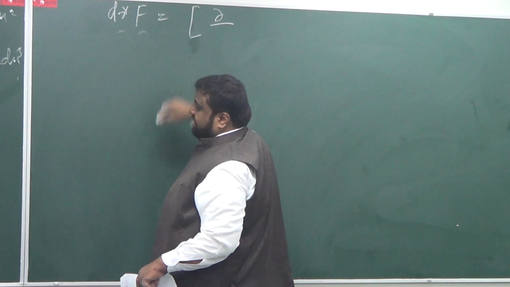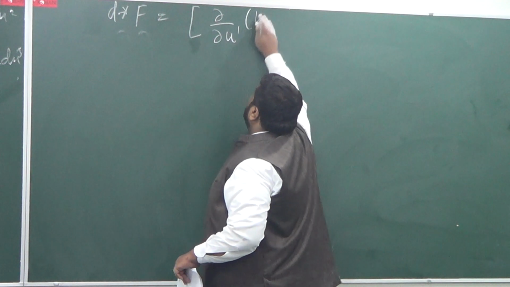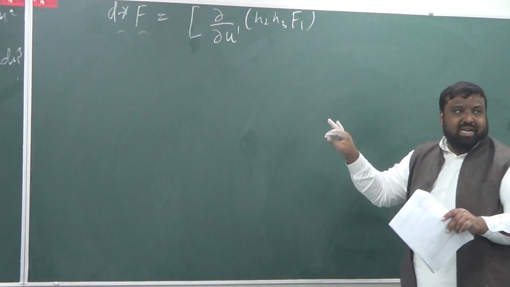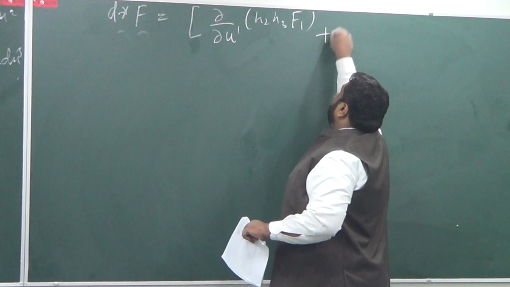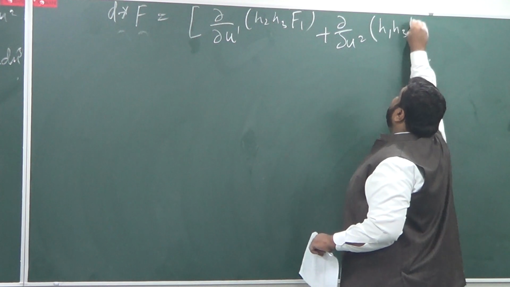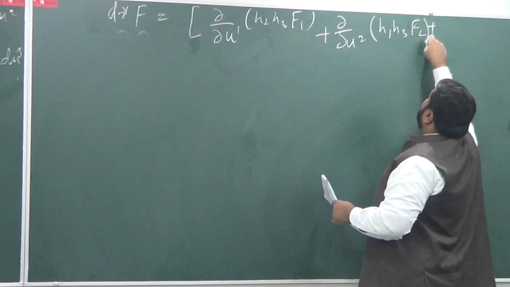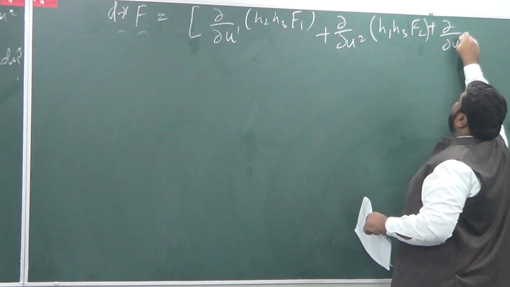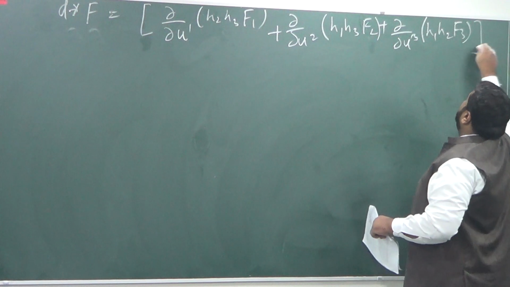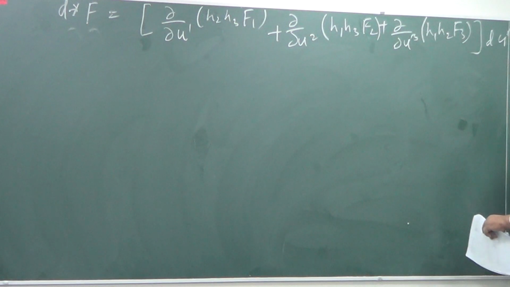So can I write this as partial by partial U1 of H2 H3 F1, I should even put it to make it compact because it's easy, plus partial by partial U2 of H1 H3 F2, plus partial by partial U3 of H1 H2 F3, and everything is wedged with du1 wedge du2 wedge du3.